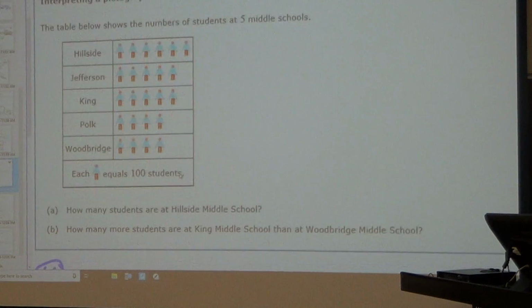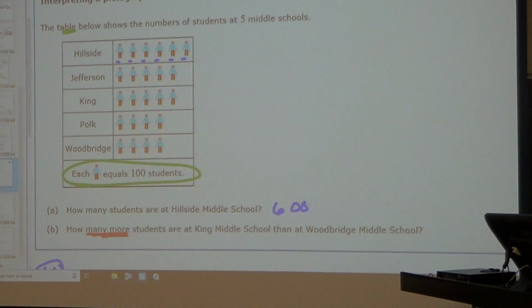All right. How many students are at Hillside? And you have a little key right here that says each little person is 100. So how many people do we have? 1, 2, 3, 4, 5, 6. So 600 because each little person represents 100. Alright. You with me? How many more?